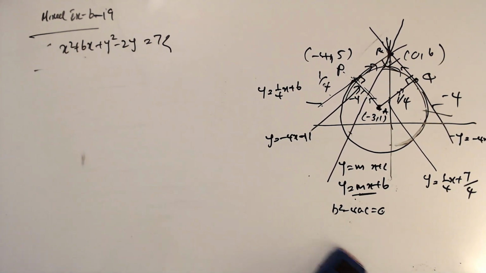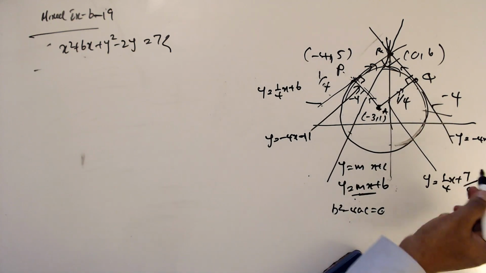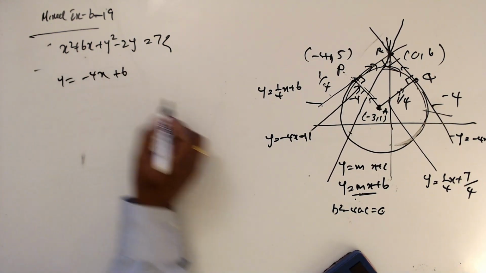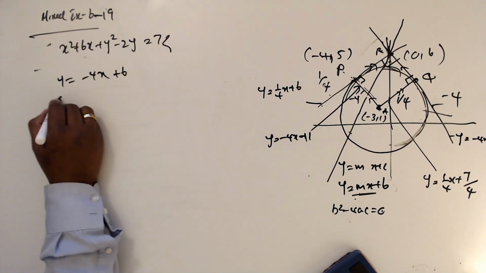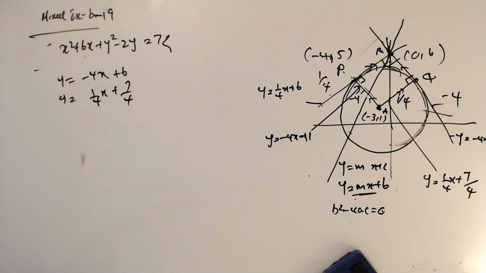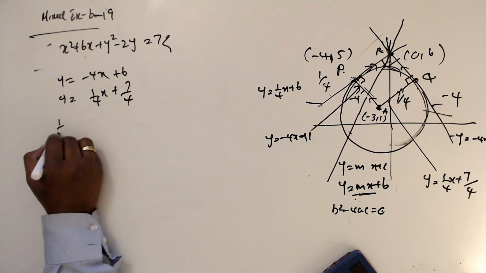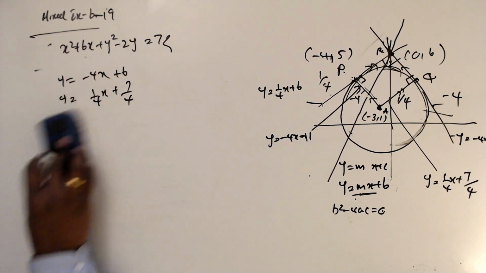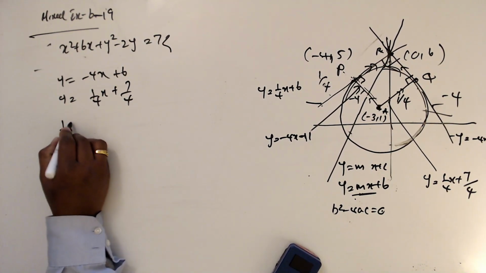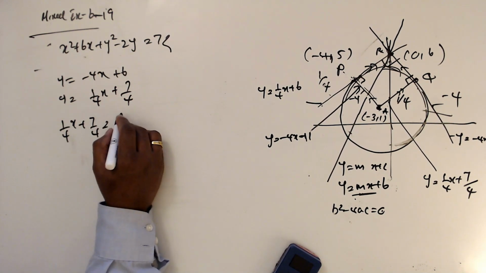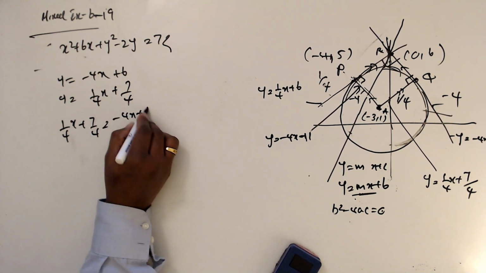Next one I have to solve these two: y equals minus 4x plus 6 and this one, y equals 1 over 4 x plus 7 over 4. So 1 over 4 x plus 7 over 4 equals minus 4x plus 6.